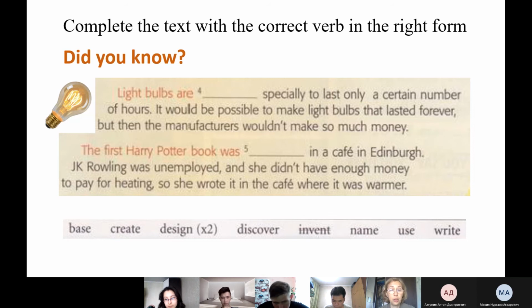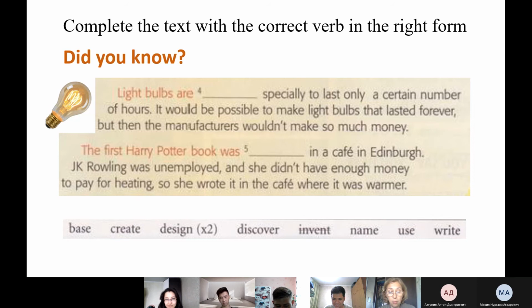Okay, то есть лампочки создаются специально to last, для того, чтобы существовать определенное количество часов. Было вообще возможно создать лампочки, которые lasted forever, которые бы существовали вечно, но производителям это невыгодно. Они бы не смогли делать деньги на этом.